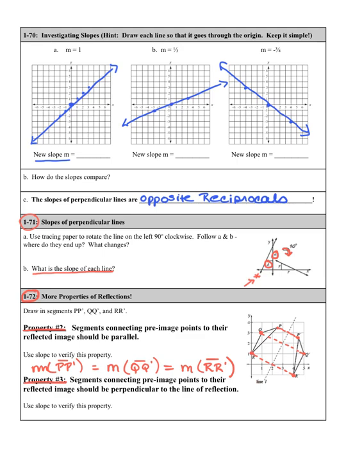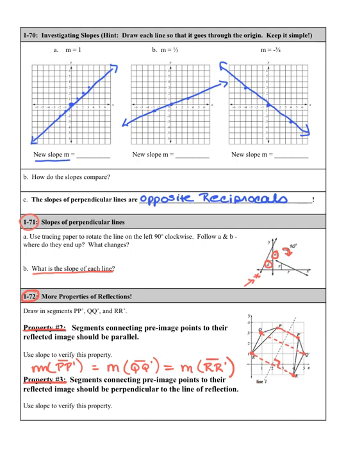Property 3 says that these same segments that I drew in connecting pre-image points to their reflected image should also be perpendicular to the line of reflection. Okay, how do you use slope to verify this? Well, you're going to show that the slope of R, R prime is the opposite reciprocal of the slope of the line of reflection.